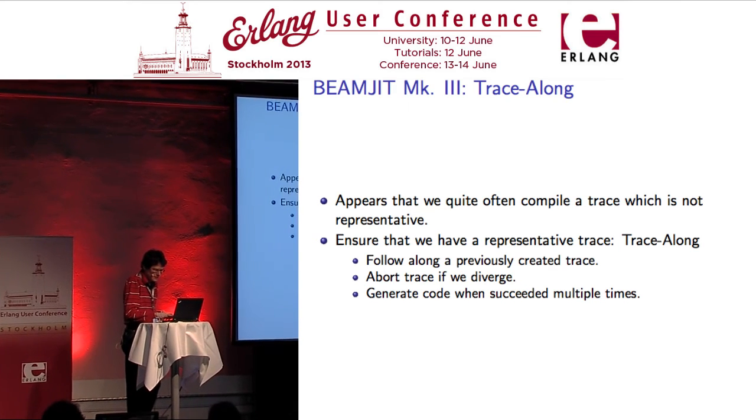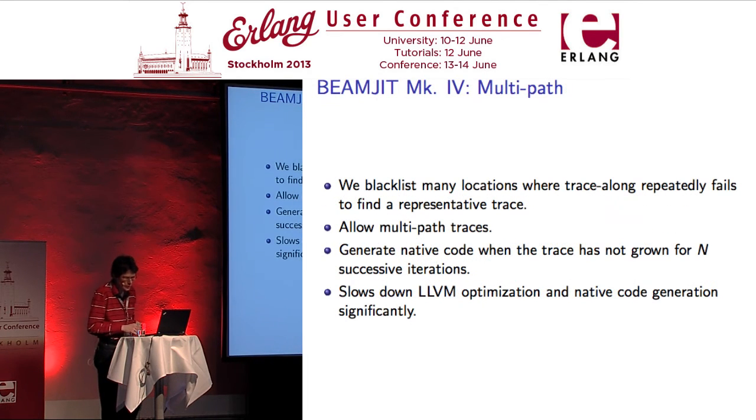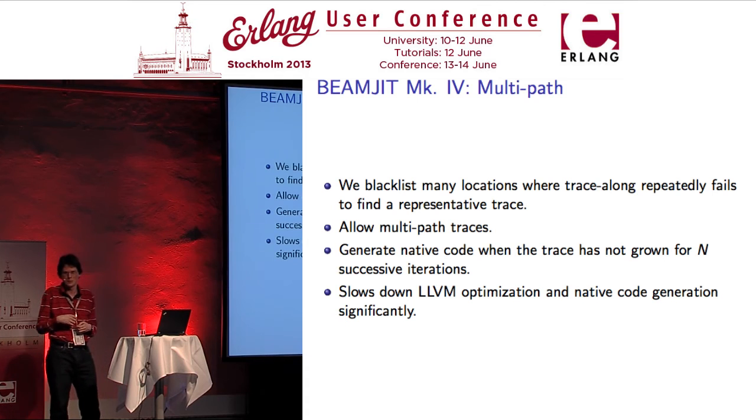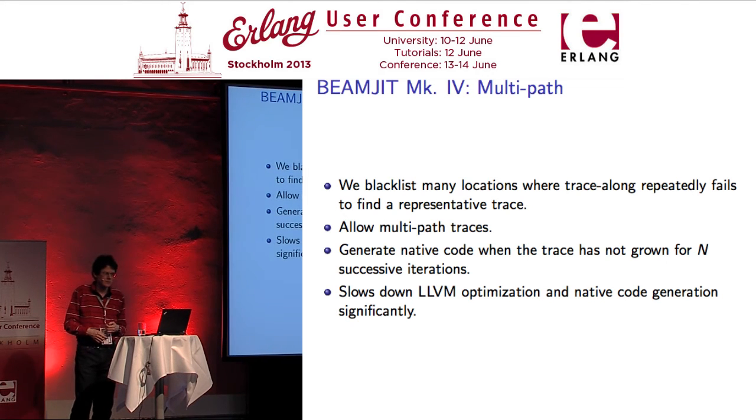Unfortunately, that in turn leads to, instead of blacklisting things after we have traced and compiled them, we now blacklist things already while tracing. So we find a lot of places where we never find a representative trace. And the solution to that is more or less to allow more than one path inside the trace.